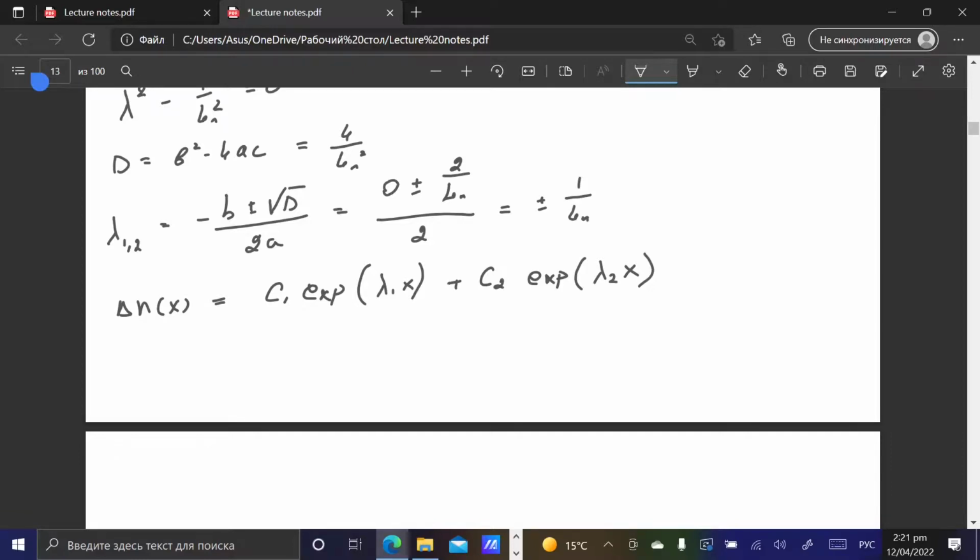So now let us substitute, instead of these solutions for the characteristic equation, what we actually got.